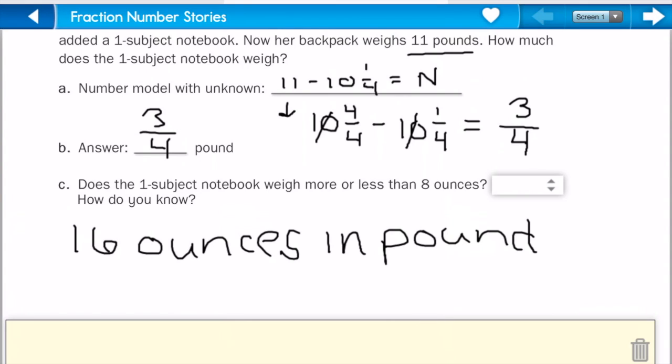So I would know that half of a pound is what? How much would half of a pound be? How many ounces? Yes, it equals 8 ounces.